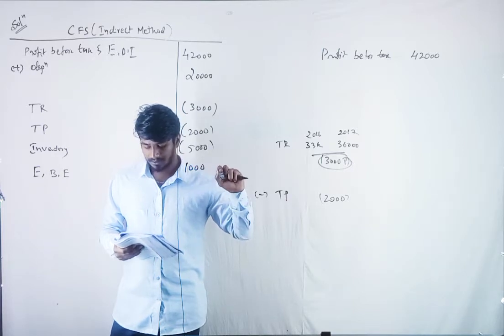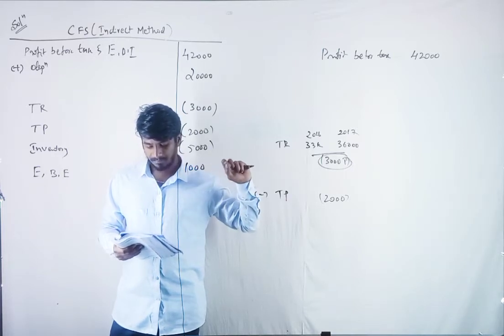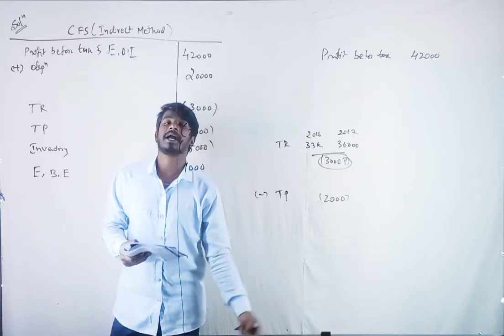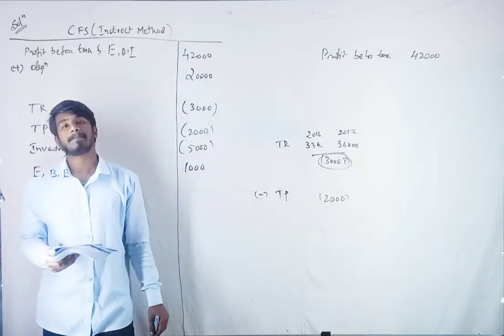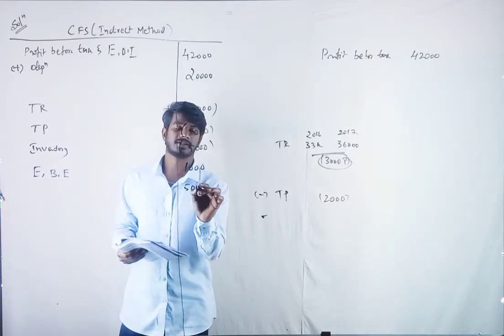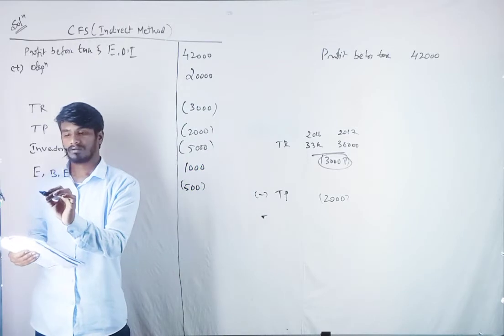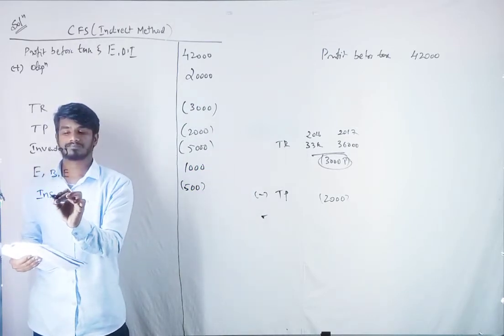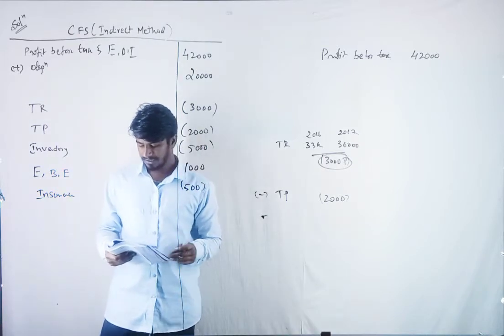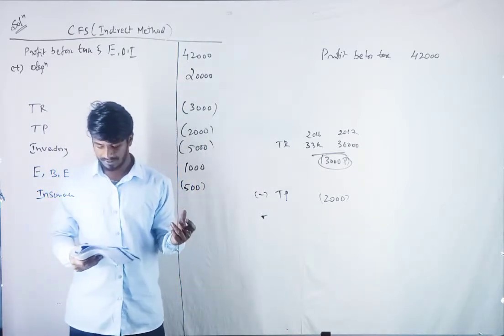Prepaid insurance. 5,000 it was and it became 5,500. 500 we have paid in advance. We have paid in advance means cash is going out. 500 minus insurance. Okay, then income tax outstanding.